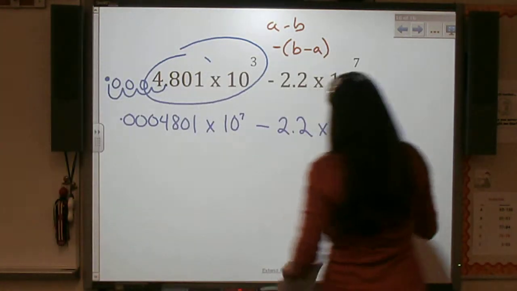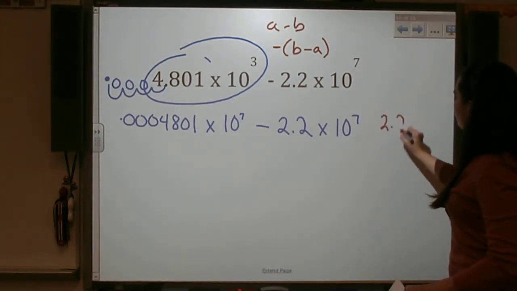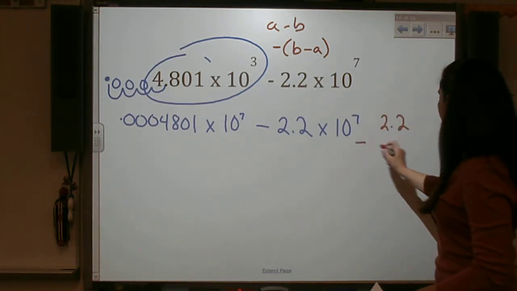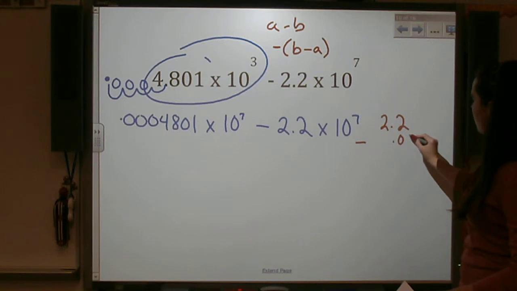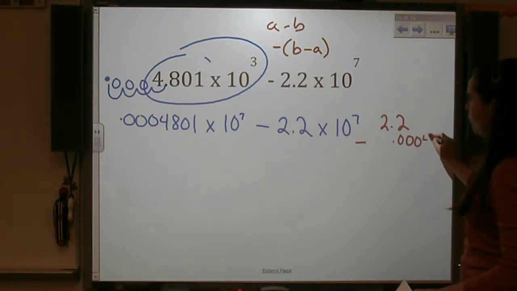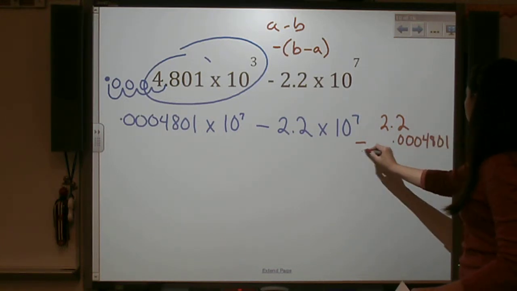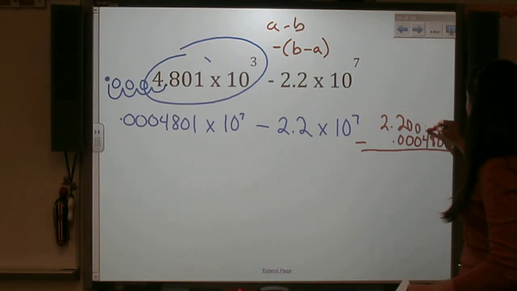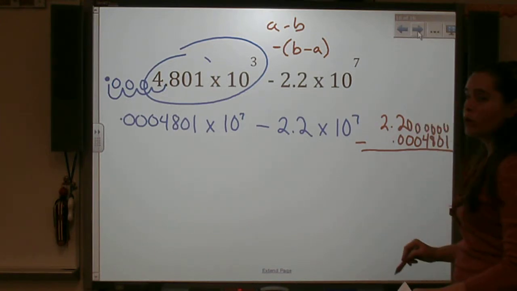So again, we want to line up the decimals, so we have 2.2 minus 0.004801. Remember, we fill in with zeros, and then we do our math.